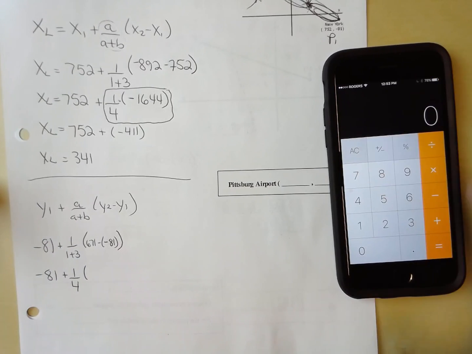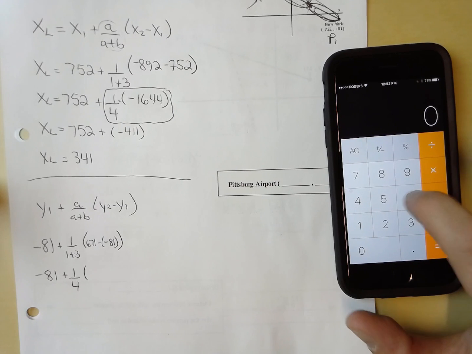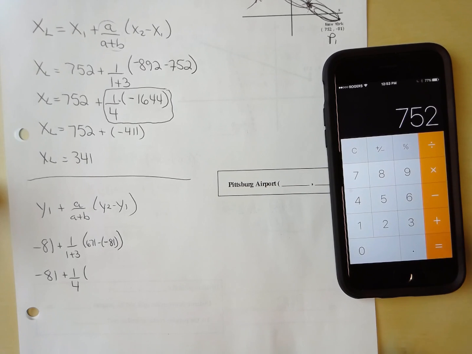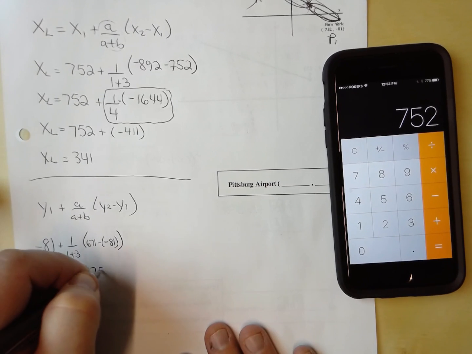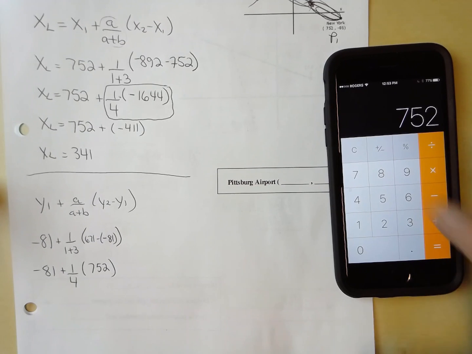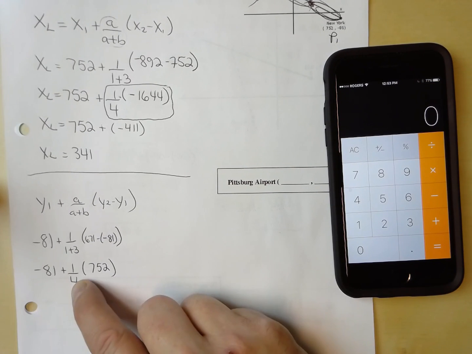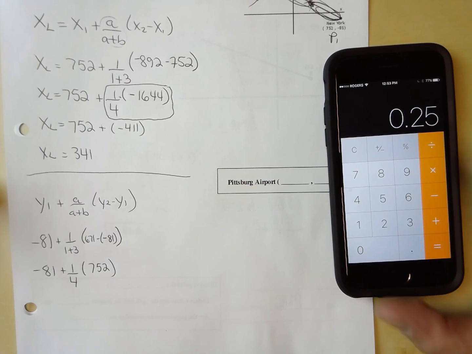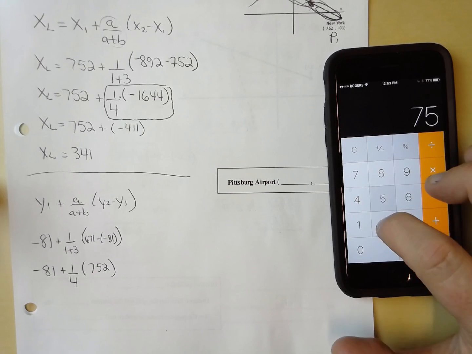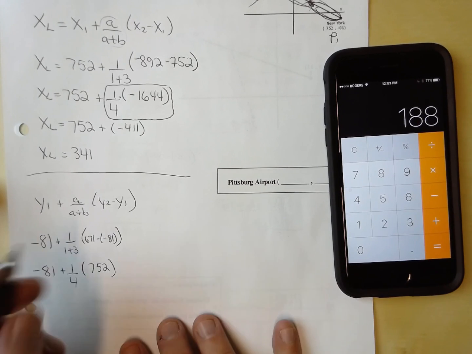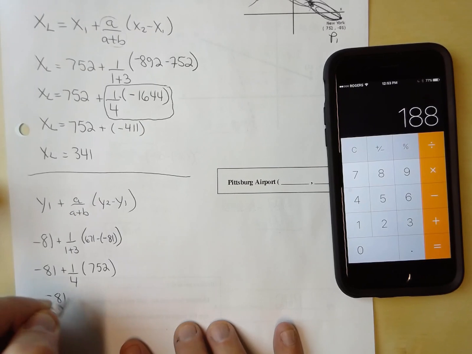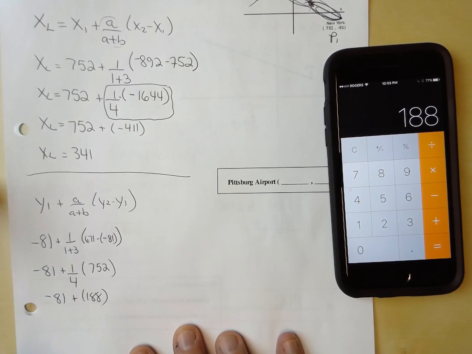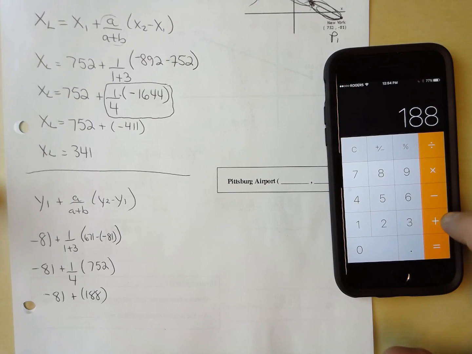Okay, so we're going to do a quick calculation here. 671 minus negative 81 is equal to 752. Now on your calculator, you're going to go this divided by this times that and get a number. So 1 divided by 4, equals, times 752, equals, that gives you 188. So negative 81 plus 188 is what I got when I did that simplification.